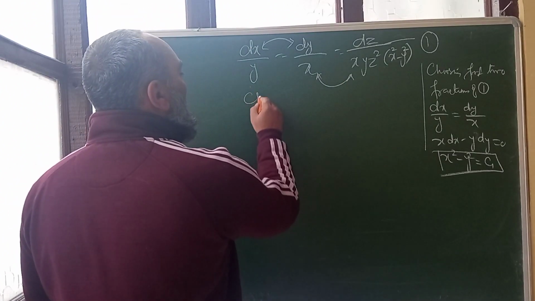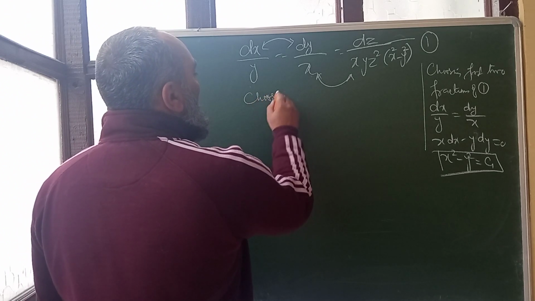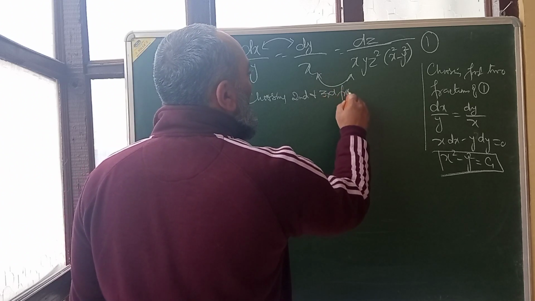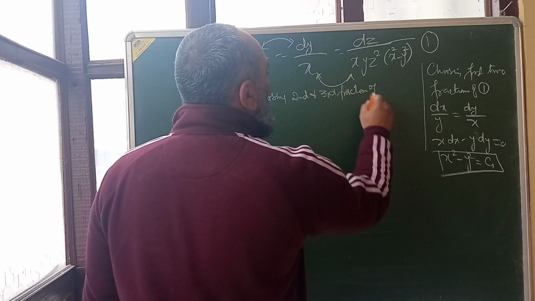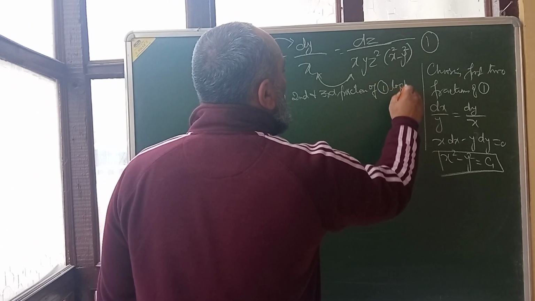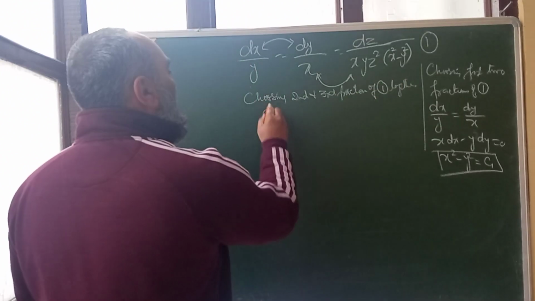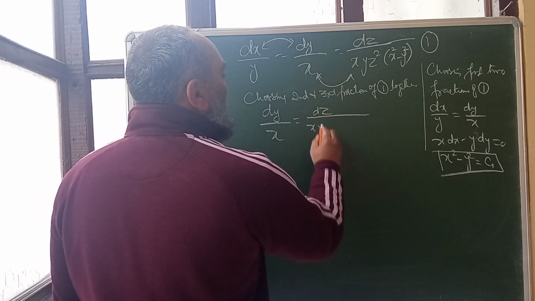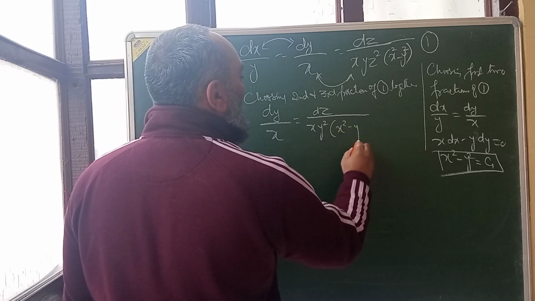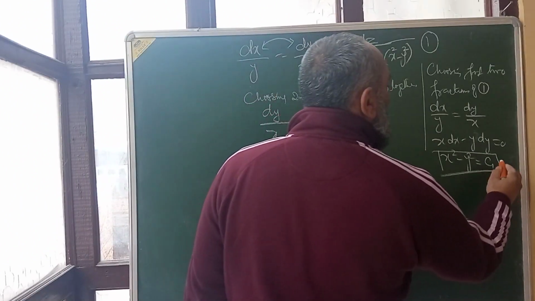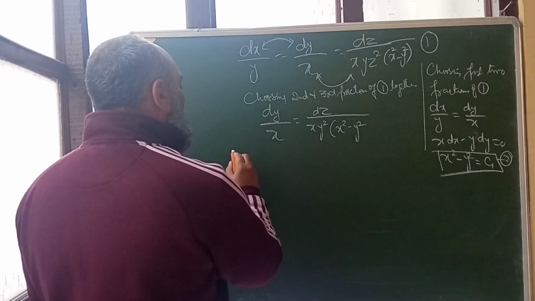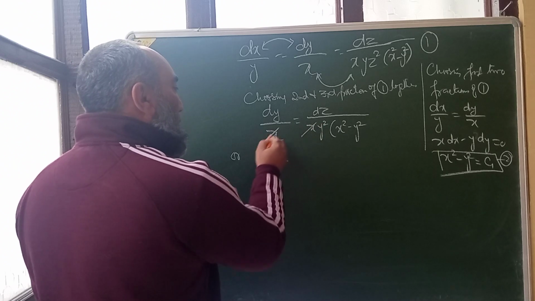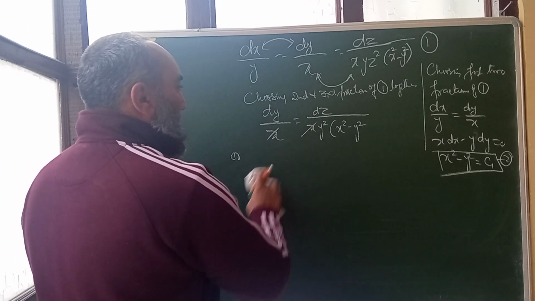Choosing second and third fractions of 1 together, we will have dy upon x equal to dz upon xy square times x square minus y square. See, this is c1, so I will use c1, or dy upon x. Okay, x will cancel out.